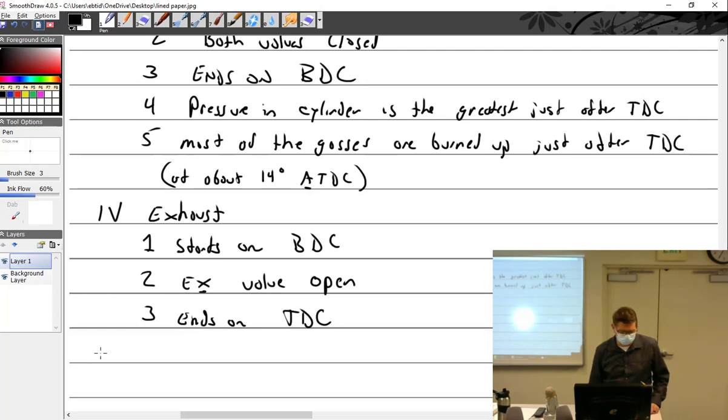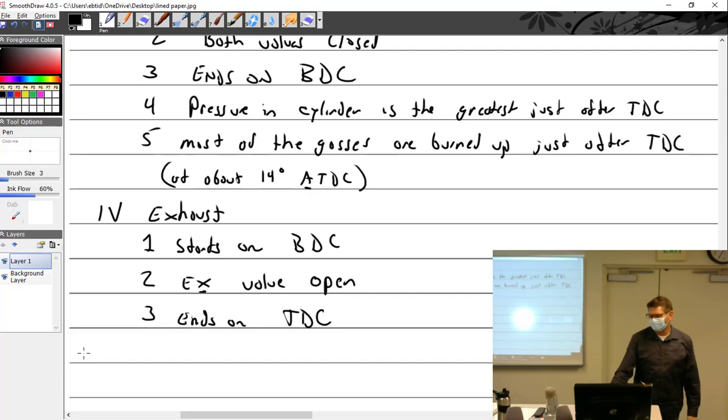What comes next? Intake. So we just keep doing it over and over and over again.